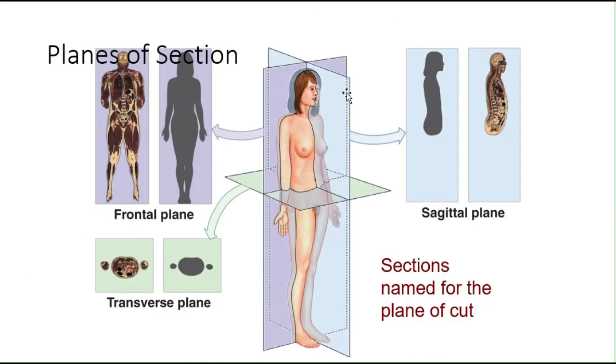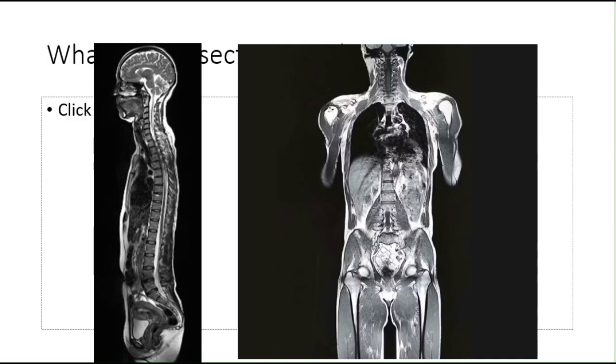So we have three planes: sagittal plane, coronal plane, and transverse plane. So what kind of plane is this picture? It is a coronal plane, okay?